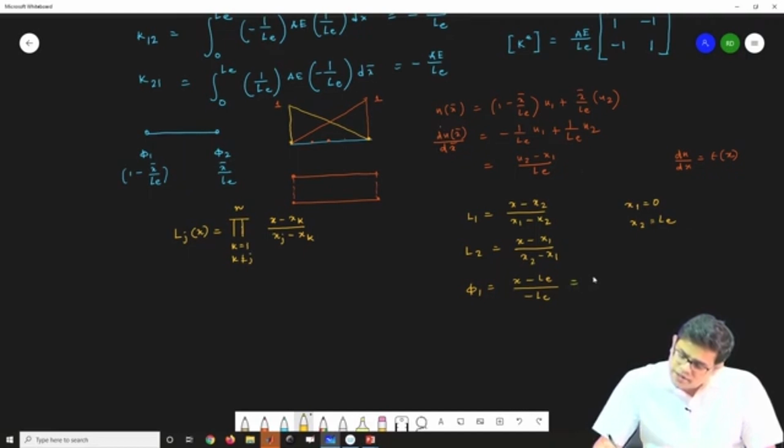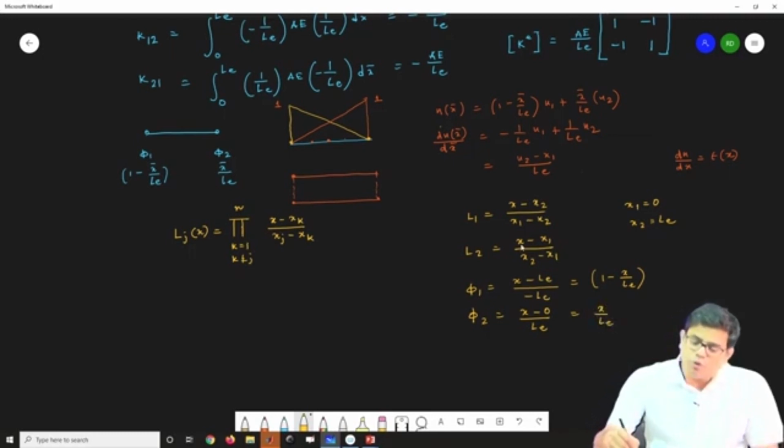So I can simply write phi 1 as 1 minus x by LE. And phi 2 in a similar way is x minus 0 by LE, which is x by LE.